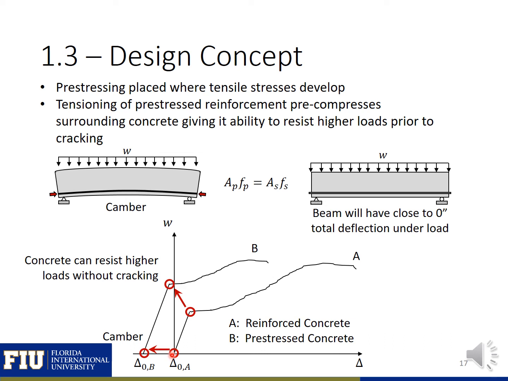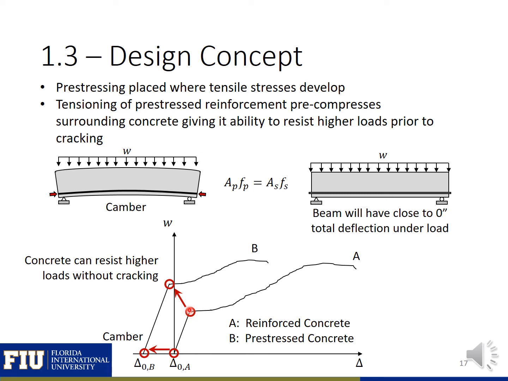Here with the pre-stressed beam, you have an initial deflection under no load, and this is called camber. The non-pre-stressed beam has no deflection under no load because it's not pre-stressed. As you load, they'll have a similar stiffness as long as the cross-section's similar, up until the point when cracking occurs.